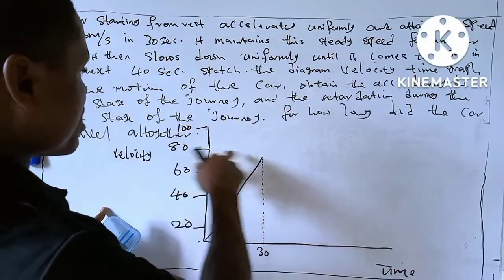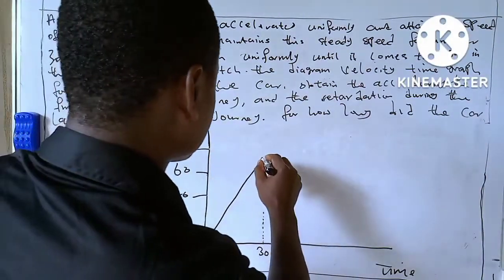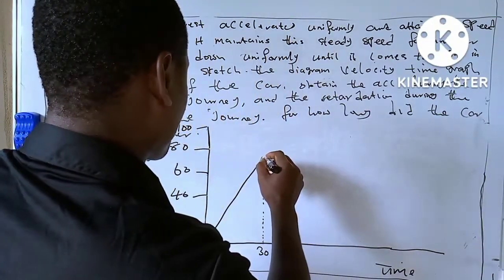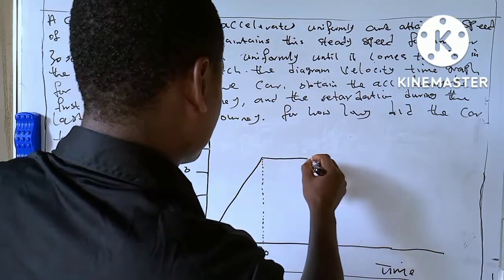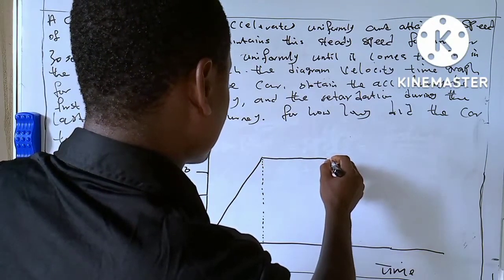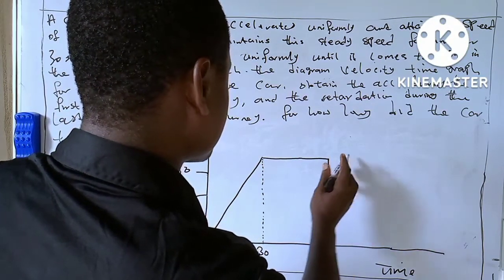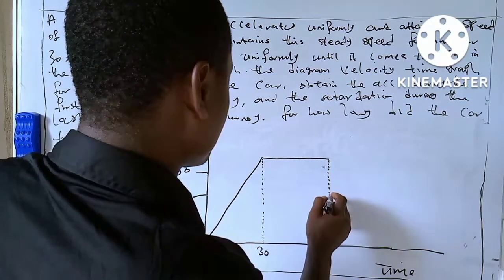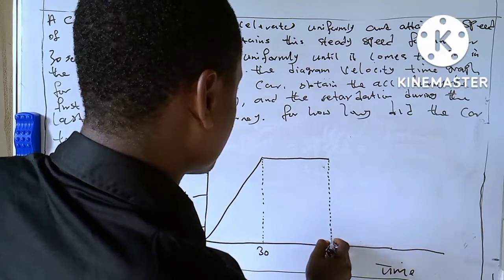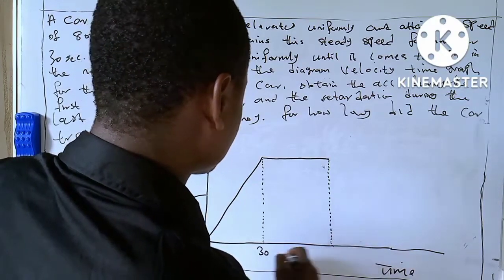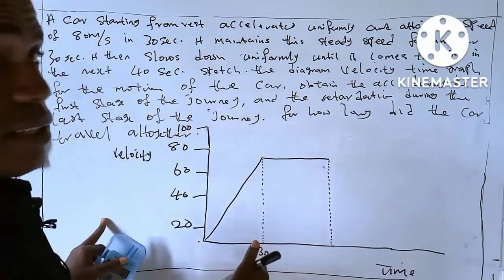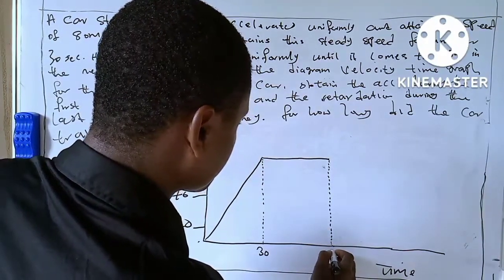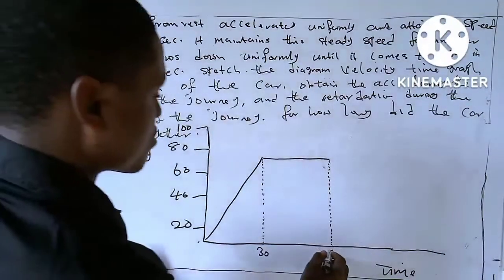The same speed for another 30 seconds. Hope you are following me. For another 30, which is 30 plus this 30, that is 60.